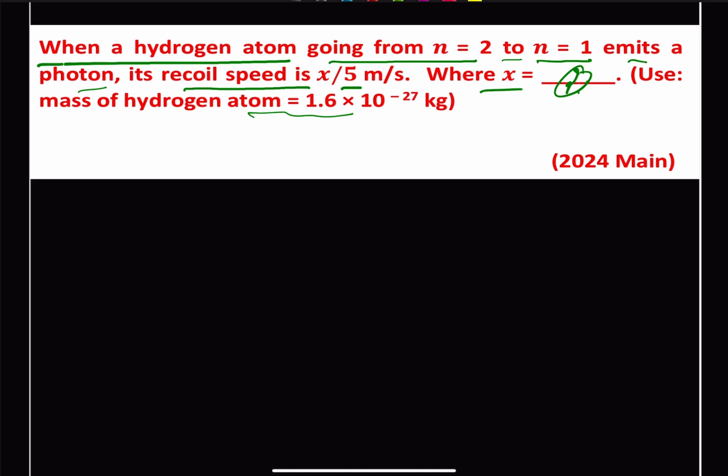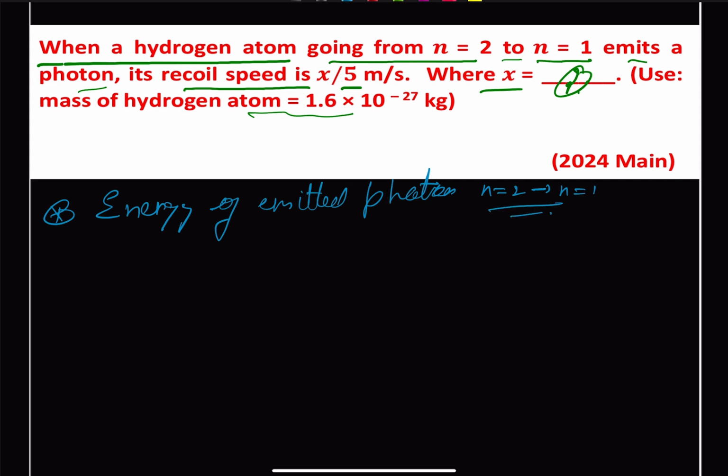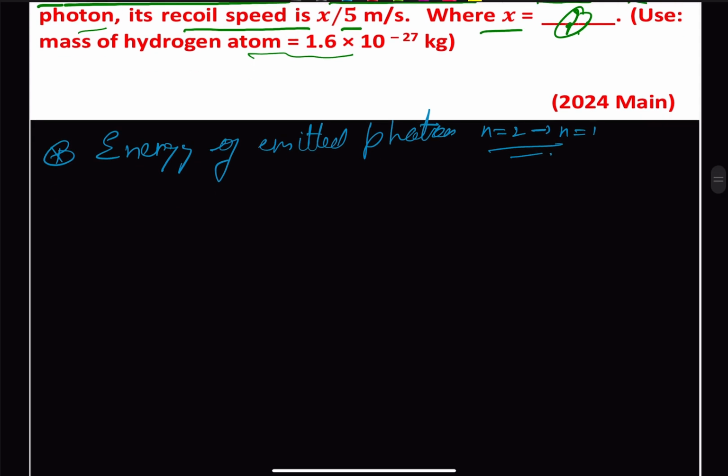So we start with the energy of the emitted photon when the transition is from n2 to n1. Let us suppose that energy is E.